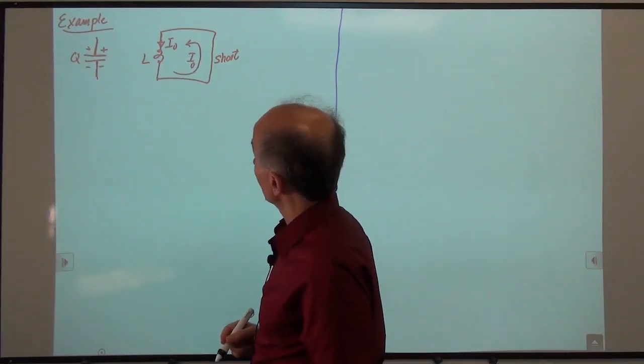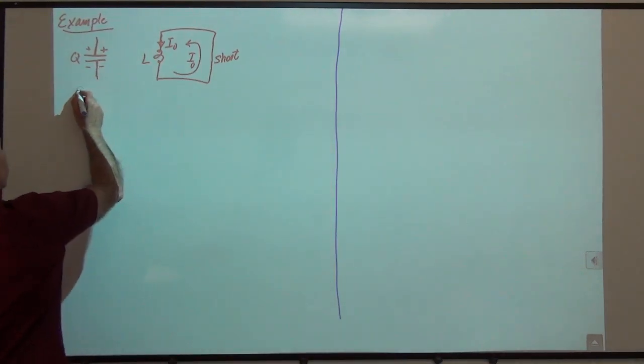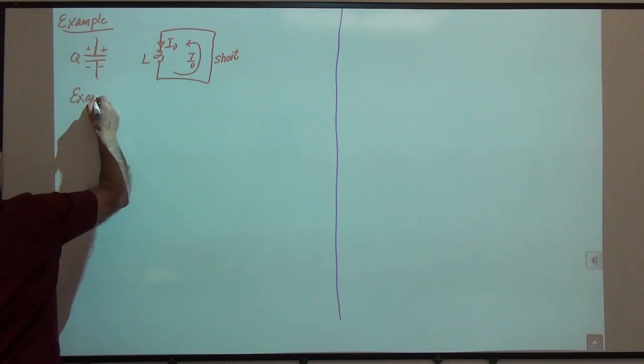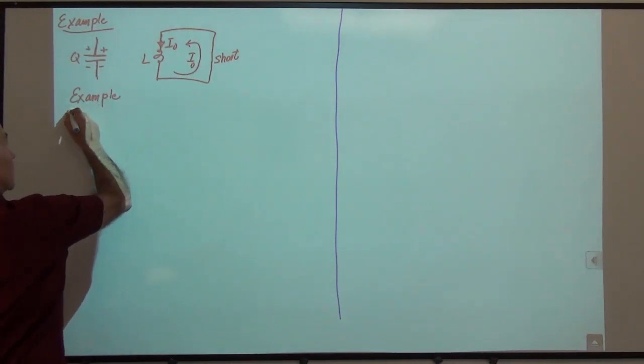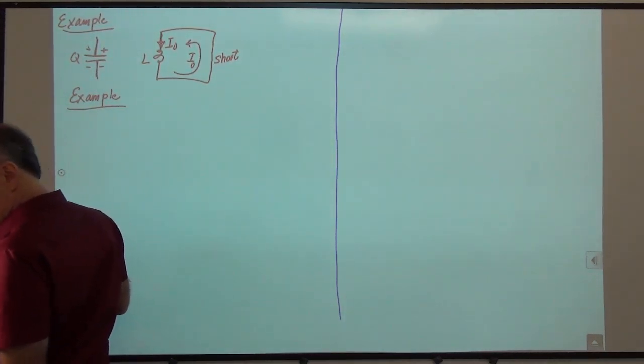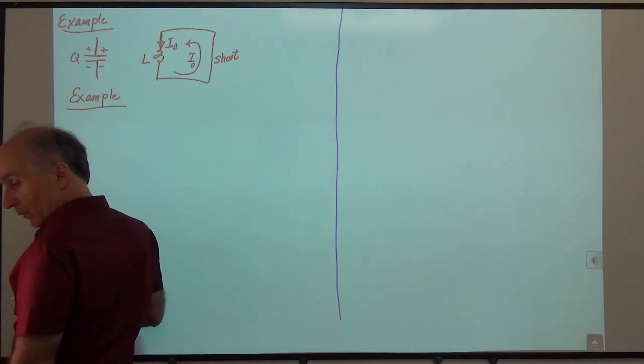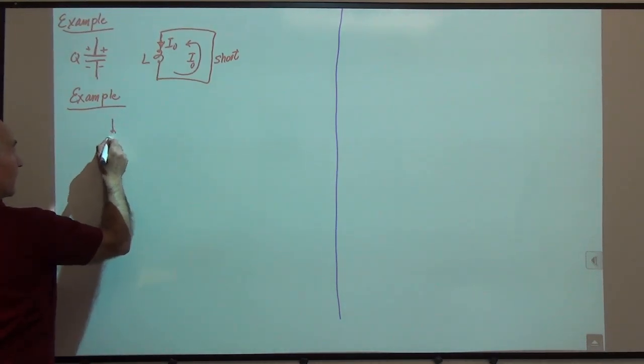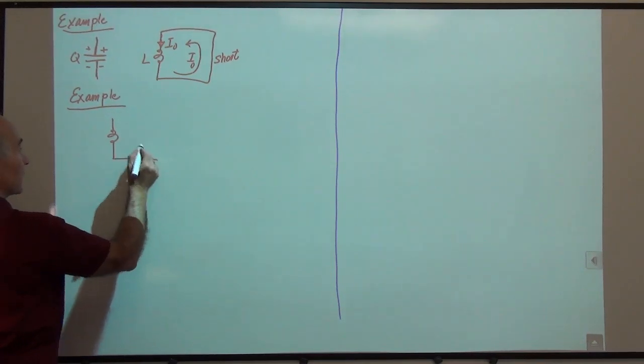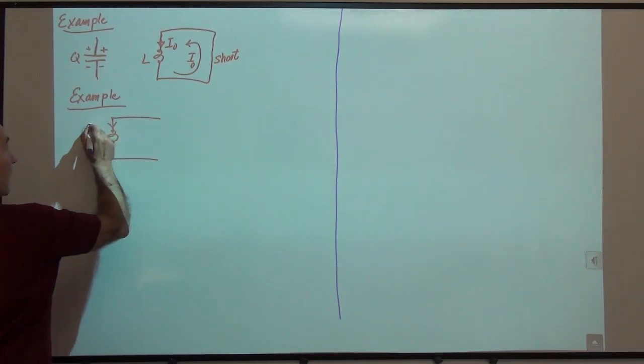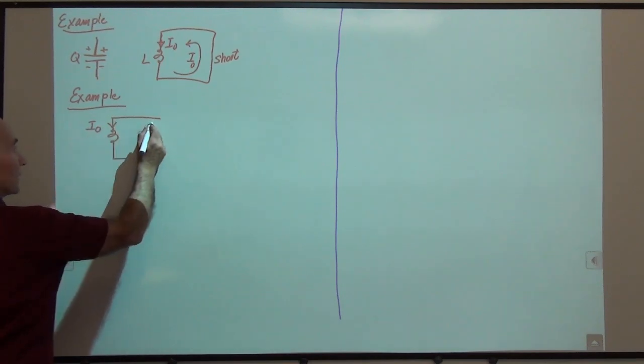All right, so let's look at another example where we have something like this, but a little more complex. So here we will do this. I have an inductor and there's a current of I0.